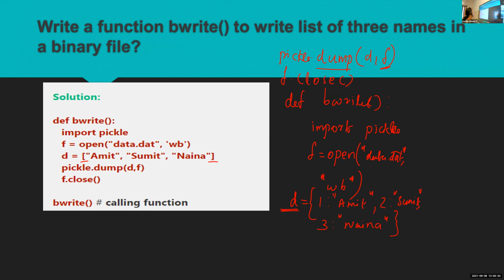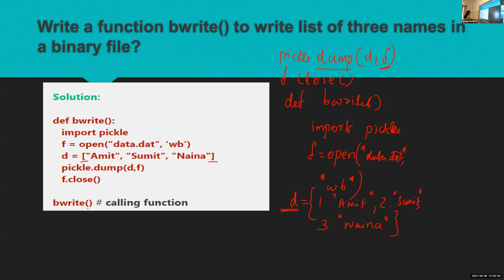So these are the two programs related to this dump function. Bewrite is the calling function. After completing all this program, we want to call this bewrite function. After closing the file, you use the function call statement.